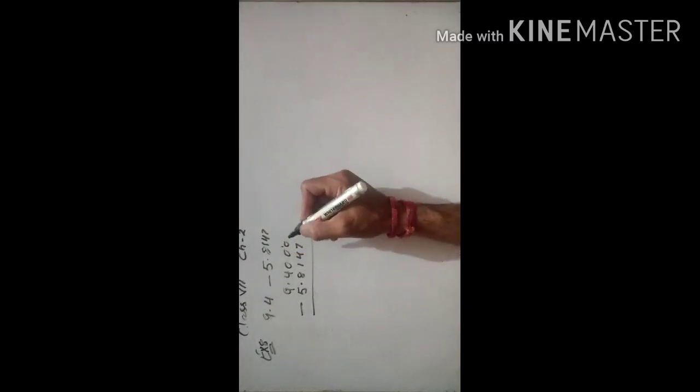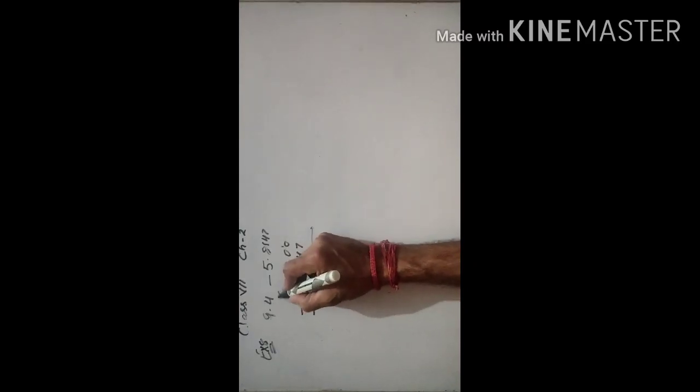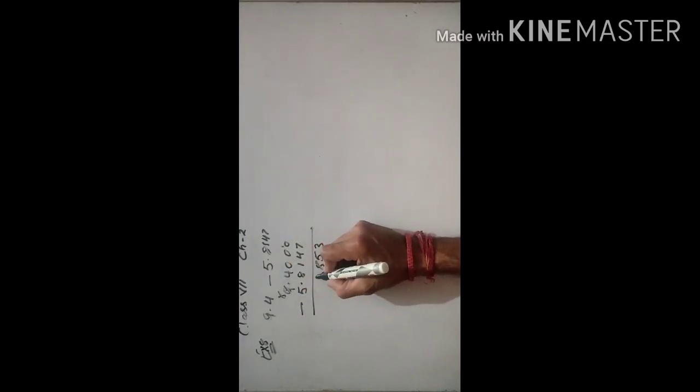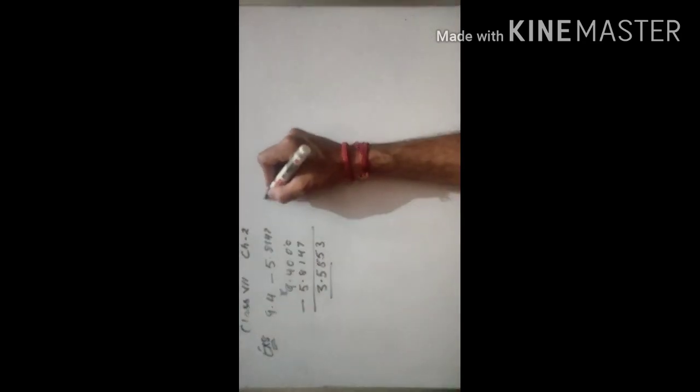Now this is 10 minus 7, 3; 9 minus 4, 5; 9 minus 1, 8; 13 minus 8 is 5; 8 minus 5 is 3. So the answer is 3.5853.